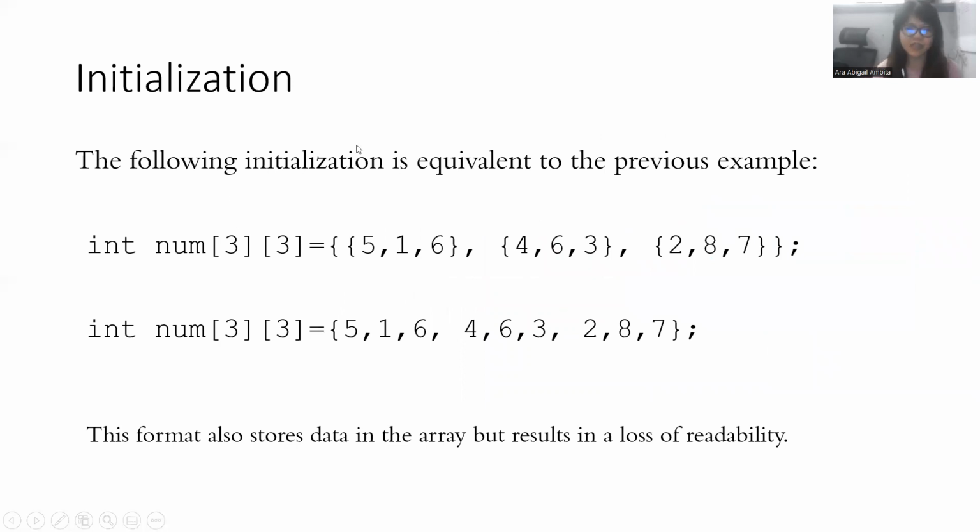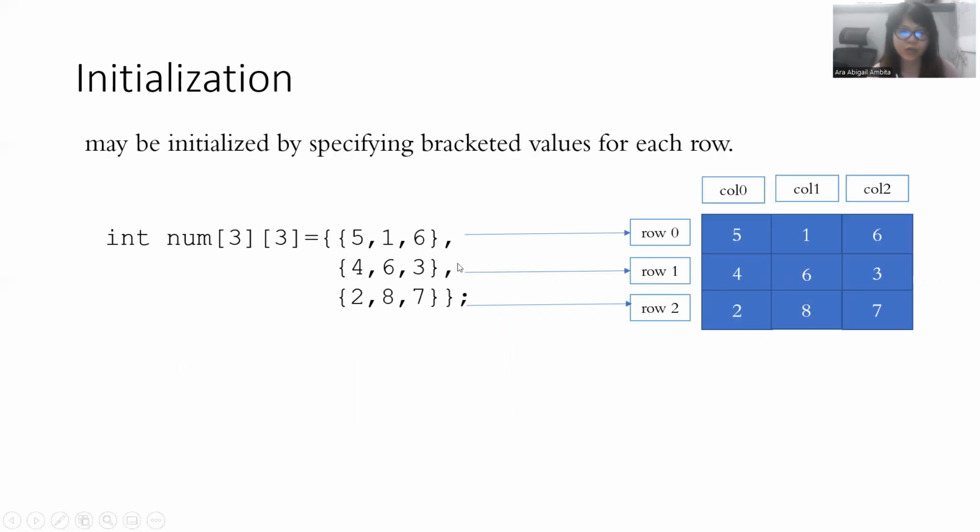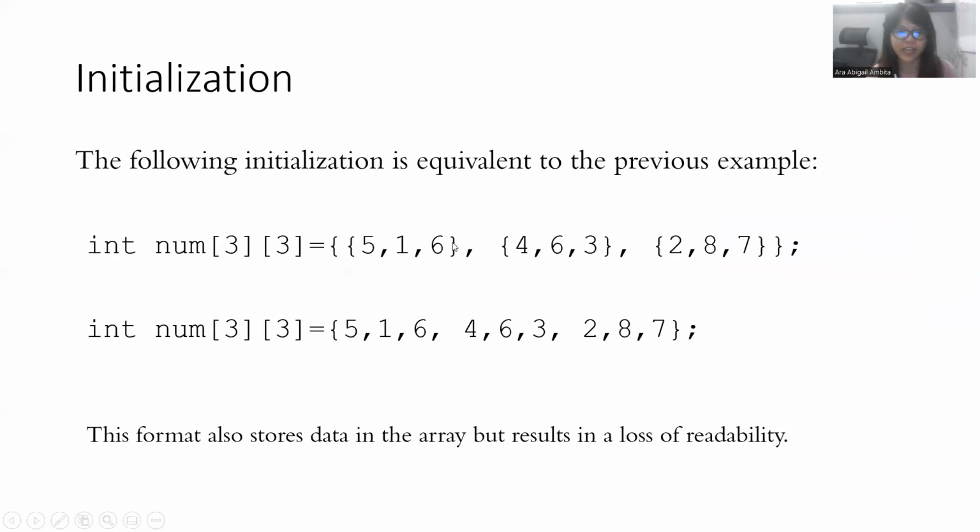So the following initialization is equivalent to the previous example. What essentially was done is we just removed the new lines and initialized it in only one line. So this is equivalent to this part, and this is also equivalent to this.